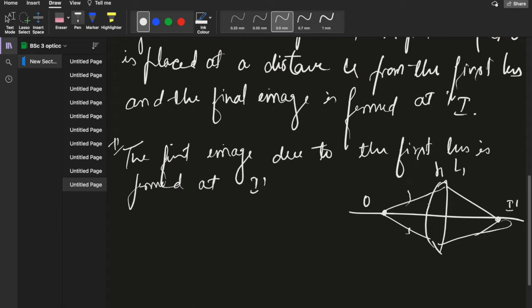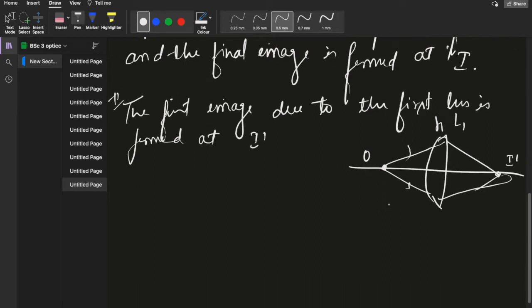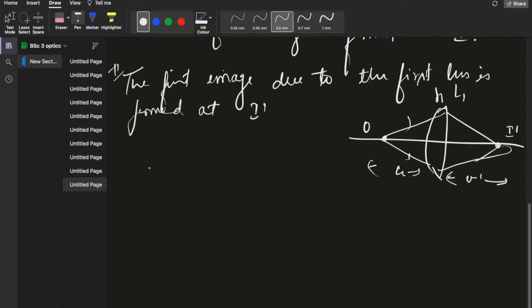This we already mentioned. So the formalism for this is, if this is U and this is V dash, we can say 1 upon V dash minus 1 upon U is equal to 1 upon F1, if F1 is the focal length for lens 1.